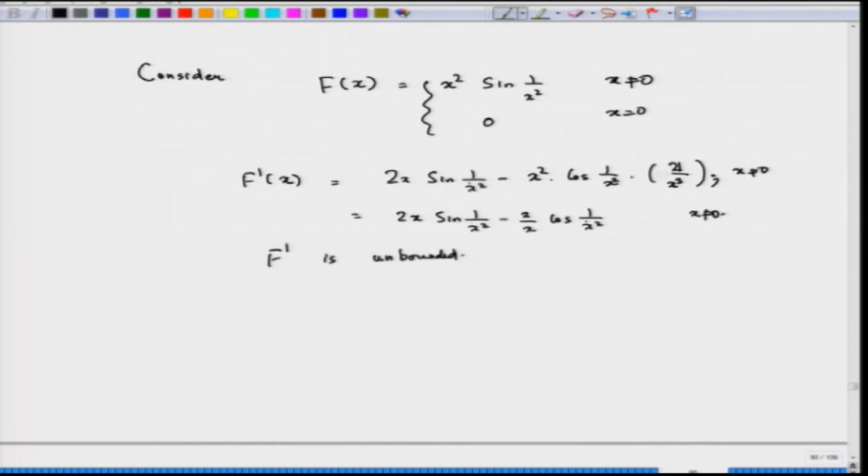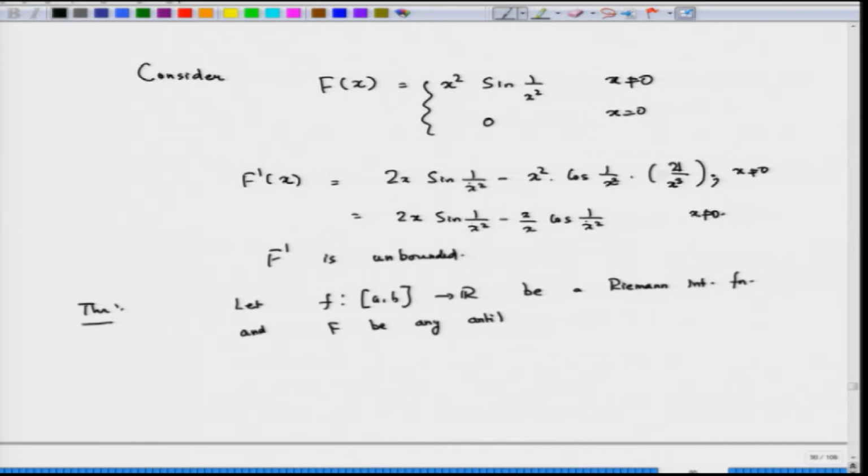However, this theorem is true, the statement. For the sake of completeness, let me just state the result. The result which is true is: let f from a, b to R be a Riemann integrable function, and F be any antiderivative of f.